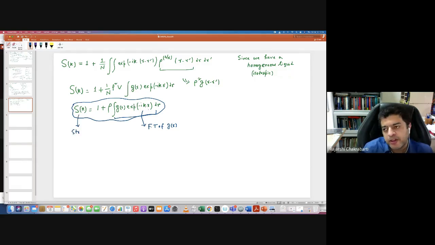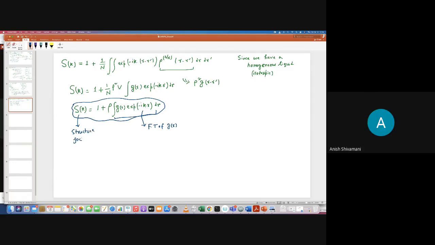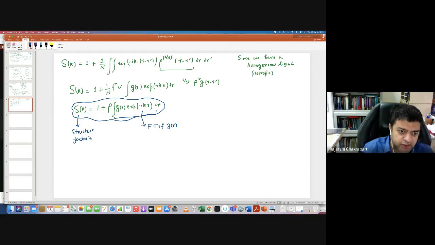This is the real space structure, but this is what you measure in experiment, in X-ray or neutron scattering.